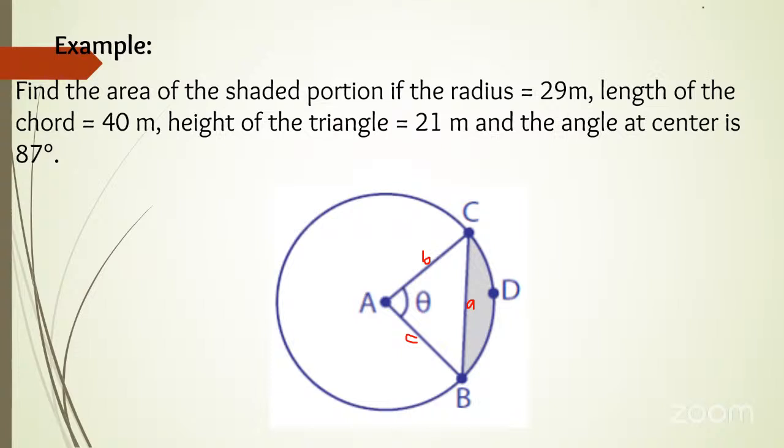I'm not seeing anything yet. All right, so I'm seeing one answer for the sector. Now remember, we take the area of the triangle from the area of the sector and tell me what the final answer is.